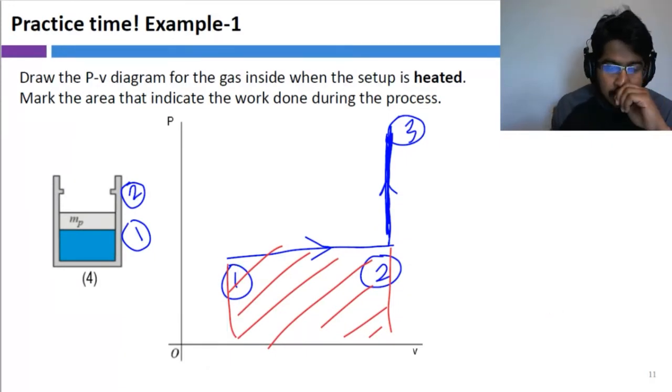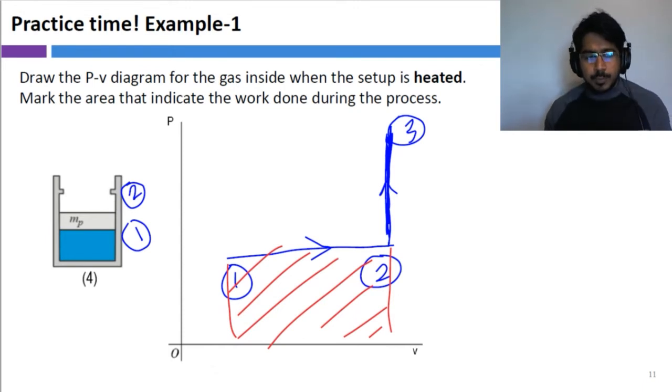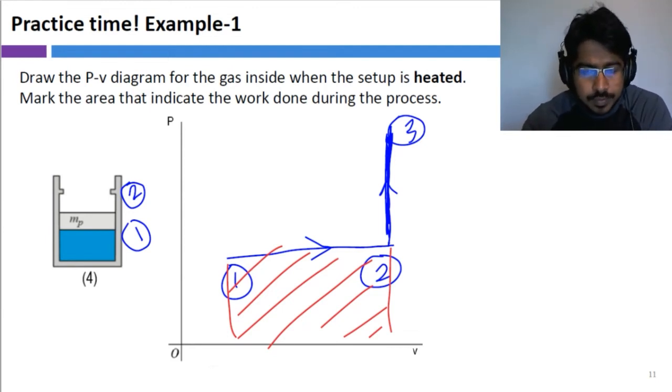So what can you say about the work? Is it done on the system? Is it done by the system? It is done by the system, because when we expand, it's done by the system, right? Okay. So any questions? Are we all clear?